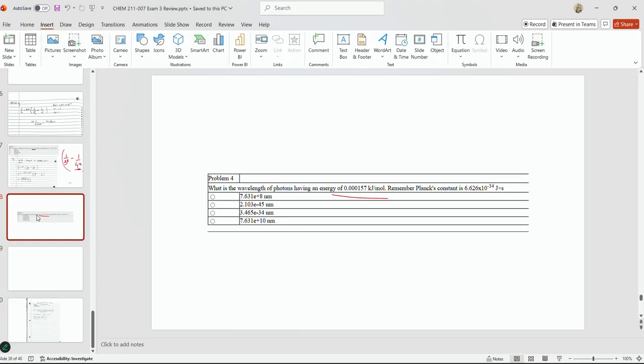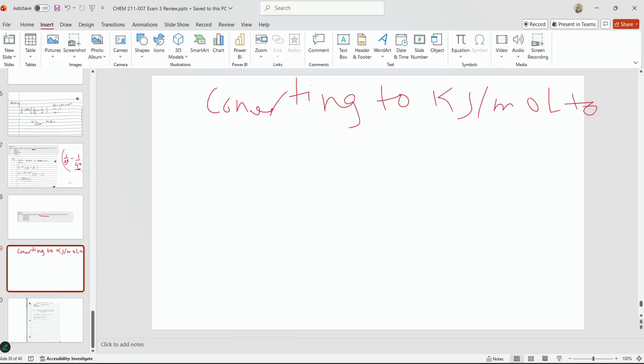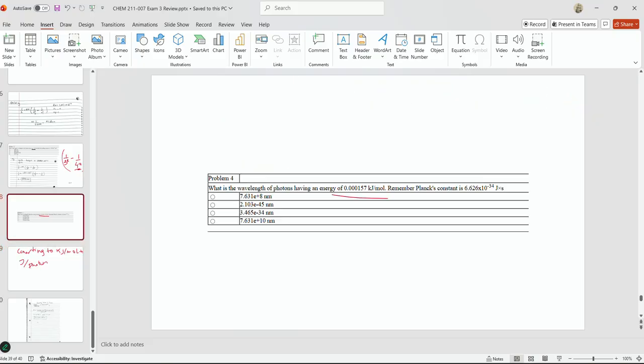Okay. Converting kilojoules per mole to joules per photon. The way you do this is by taking whatever the initial was given.